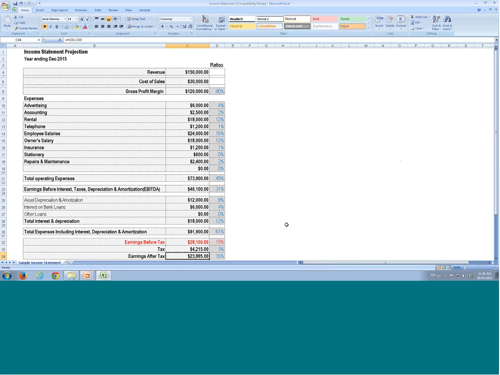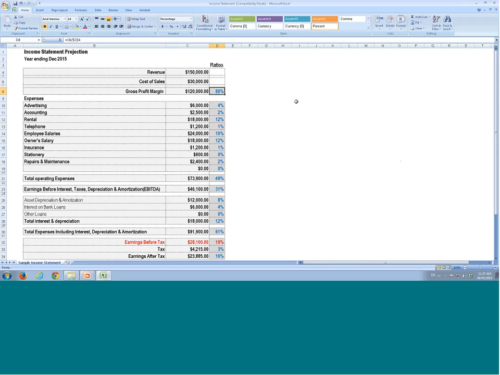And this is a document you would discuss with your accountant. And let me tell you why you would discuss it with your accountant. Because there are a lot of things that you can do to improve the profitability in your business. So let's start at the beginning. On the right-hand side, you'll notice that there's some percentages here.